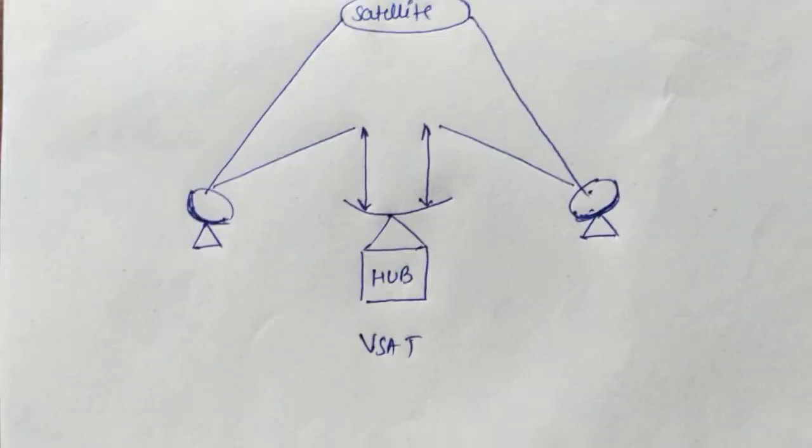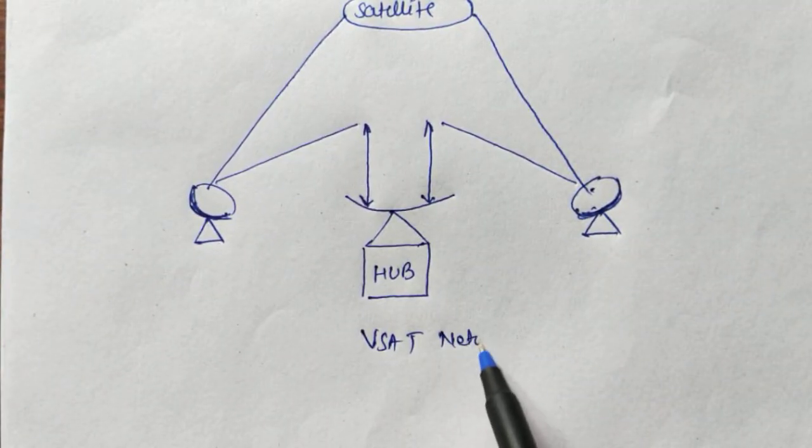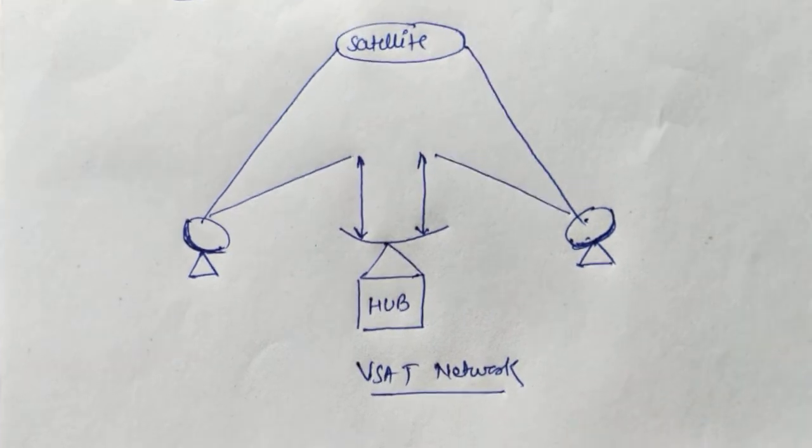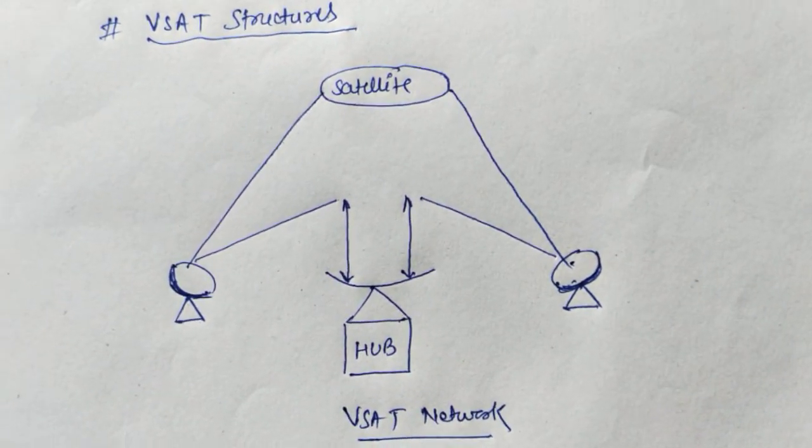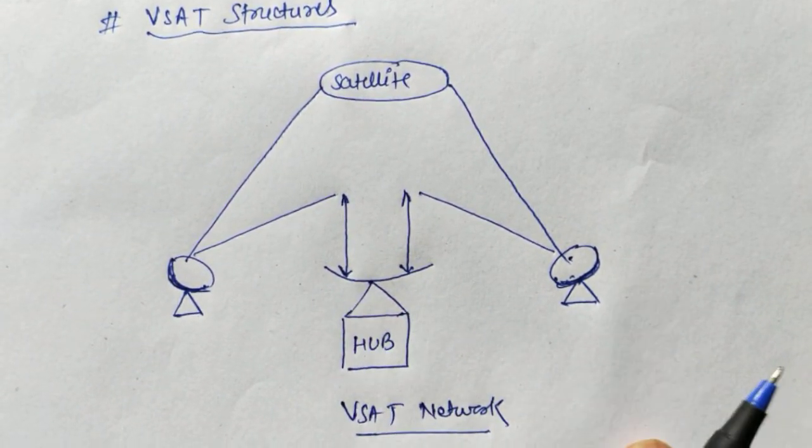This is the VSAT network. So this is the basic structure of a VSAT network.